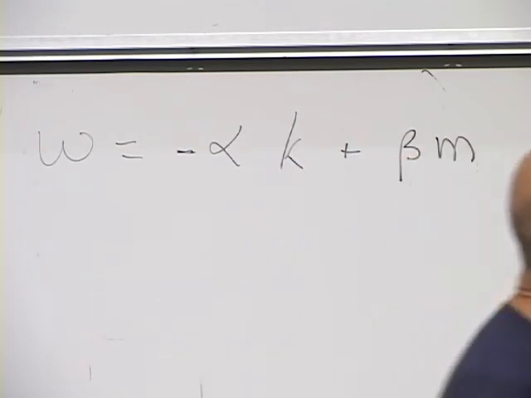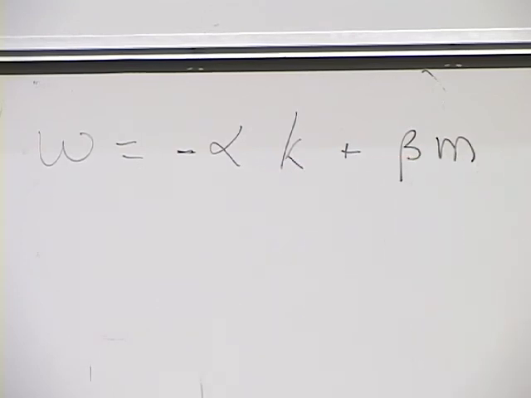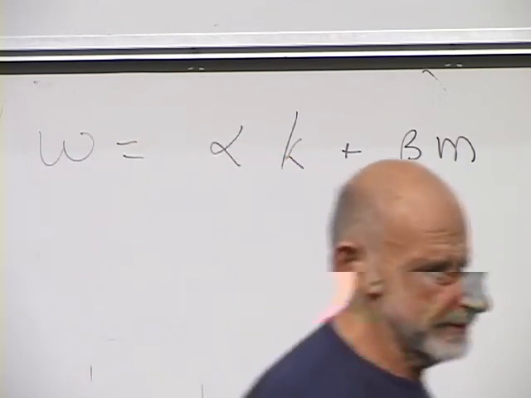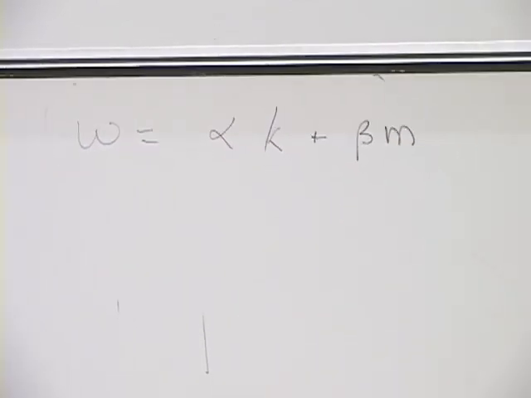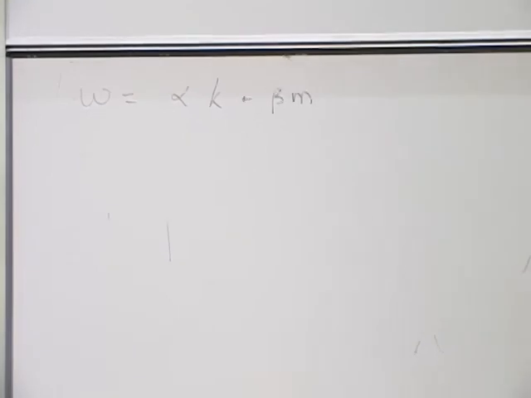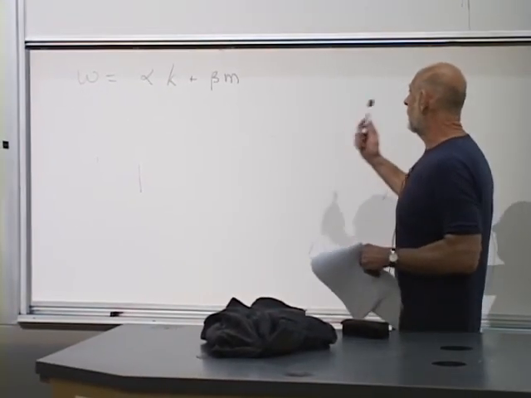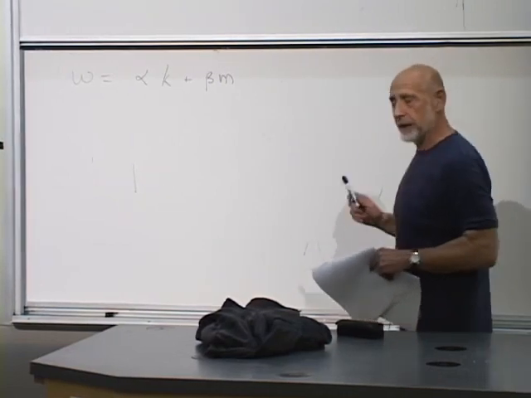Did I leave out a minus? I've lost track of whether there should be a minus there or not. No, no minus. I take it back. No minus at all. Okay. Omega equals alpha k plus beta m.